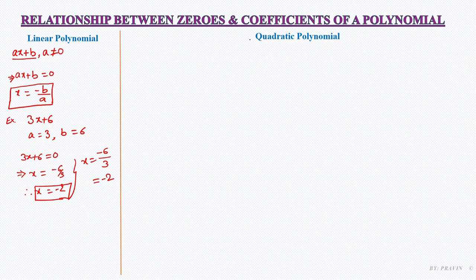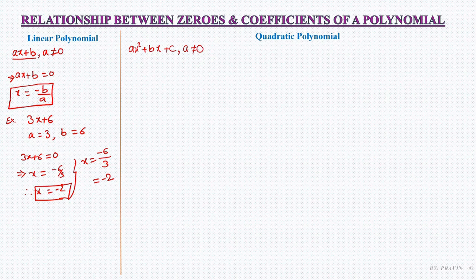Next is the quadratic polynomial, for which we will try to find the relationship between its zeros and its coefficients. So the standard form of a quadratic polynomial, as you know, is ax square plus bx plus c, where a can't be equal to 0 and a, b, c are any real numbers.